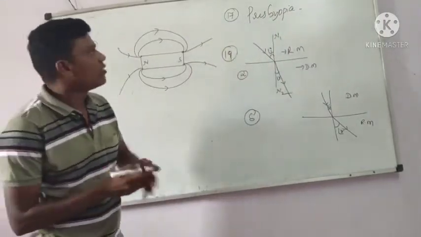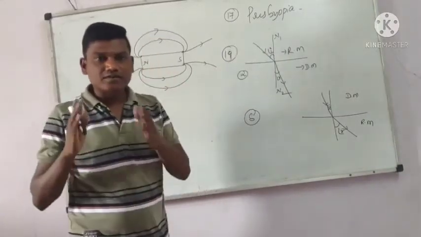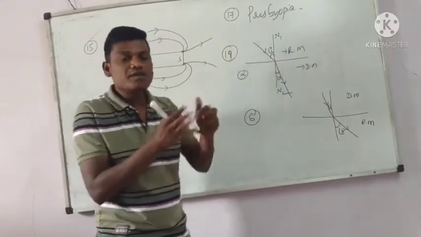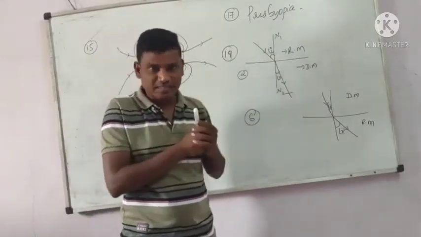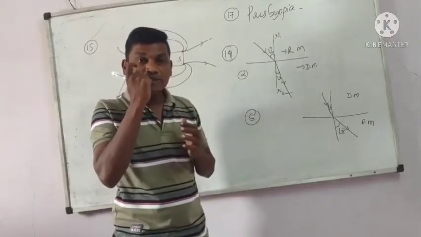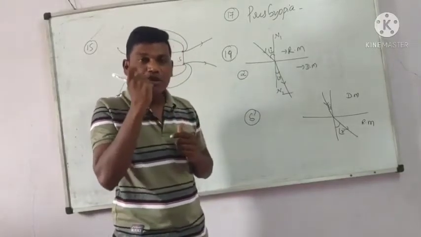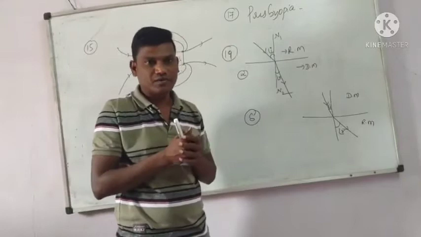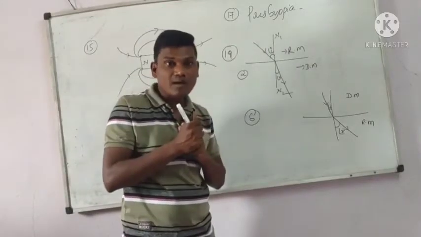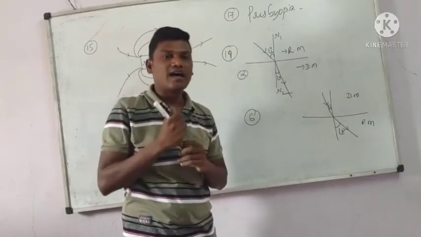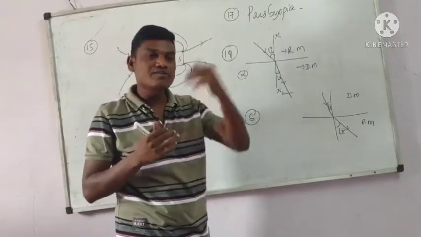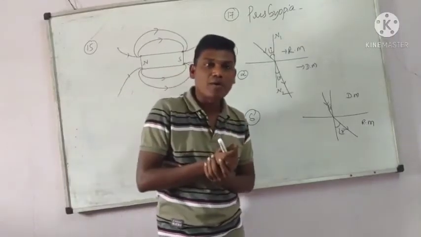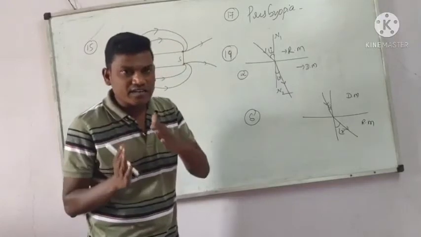In aged people, presbyopia generally comes along with aging. Why? When age gradually increases, our eye muscles, that is the ciliary muscles, lose the power of accommodation. Power of accommodation means that when we see far objects, the focal length of the eye automatically increases, and when we see nearby objects, it decreases.